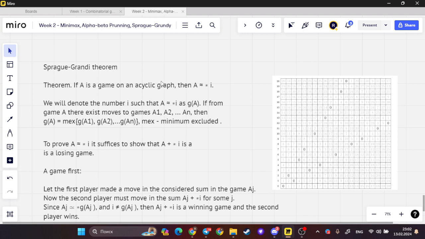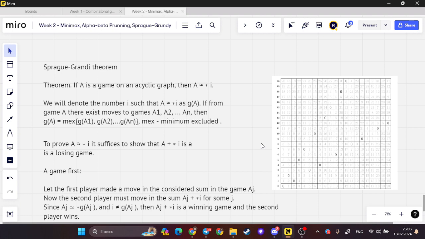Okay, Sprague-Grundy theorem. Let's define a new function, the Grundy function, that denotes the number e such that the game is equal to star e.